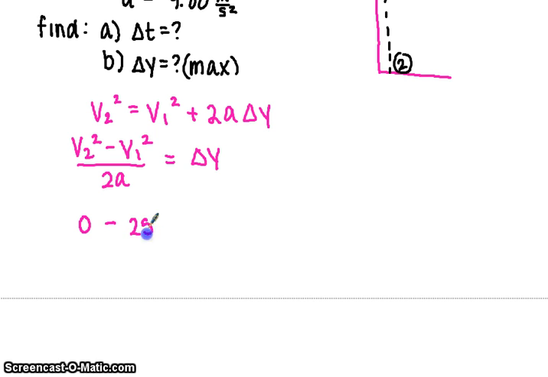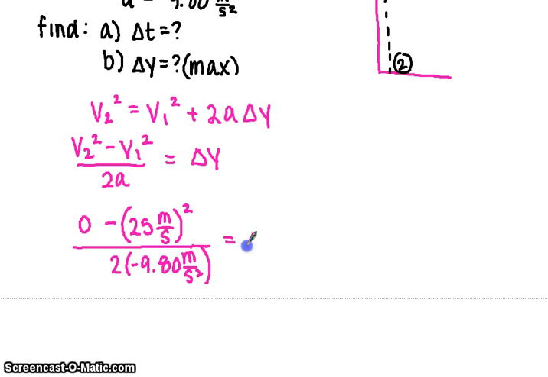So at the highest point, it has reduced all the way to 0 before it turns around. Plug in the rest of our values. Type that into the calculator, and we get 32 meters as our maximum height.